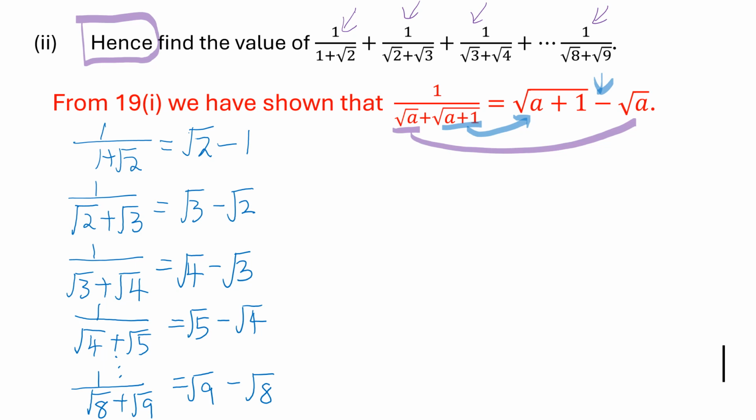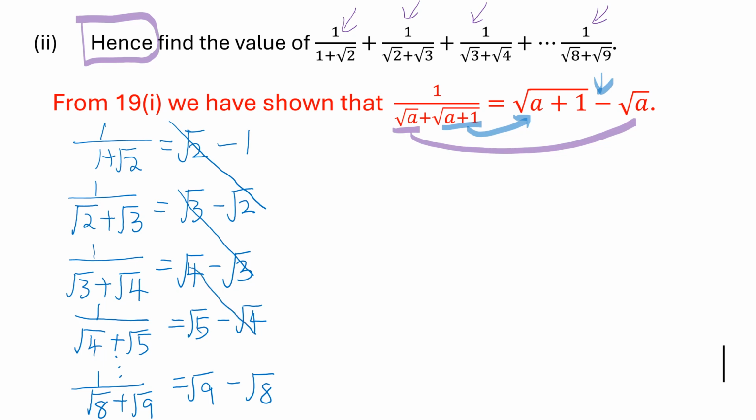For example, this one is positive square root 2, and when you add it to your negative square root 2, can you see that these two guys will be gone? And then your positive square root 3, when you add to negative square root 3, becomes 0. This and this will be cancelled off.